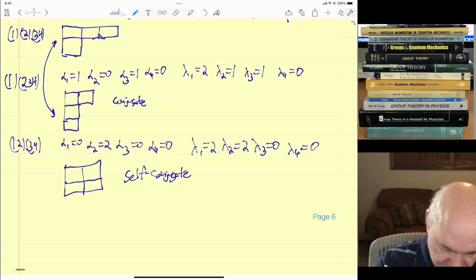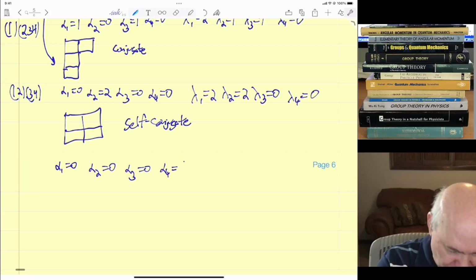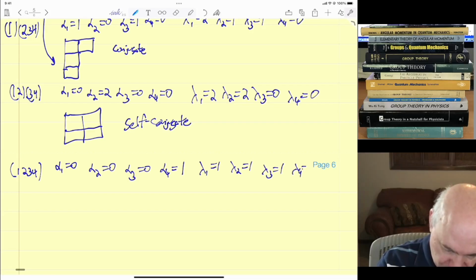And then finally, I have alpha 1 equals 0, alpha 2 equals 0, alpha 3 equals 0, alpha 4 equals 1, a basic permutation, any 4 cycle. Now we have lambda 1 equal 1, lambda 2 equal 1, lambda 3 equal 1, lambda 4 equal 1. And so this is just 4 boxes in a column.